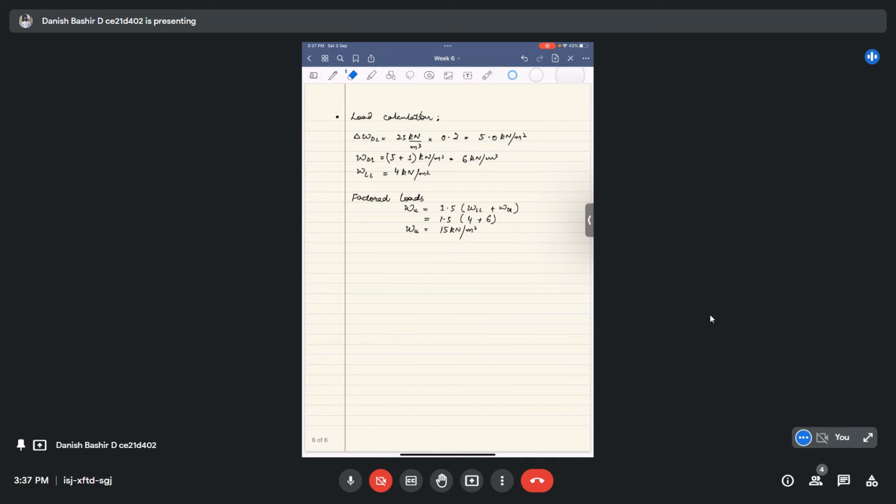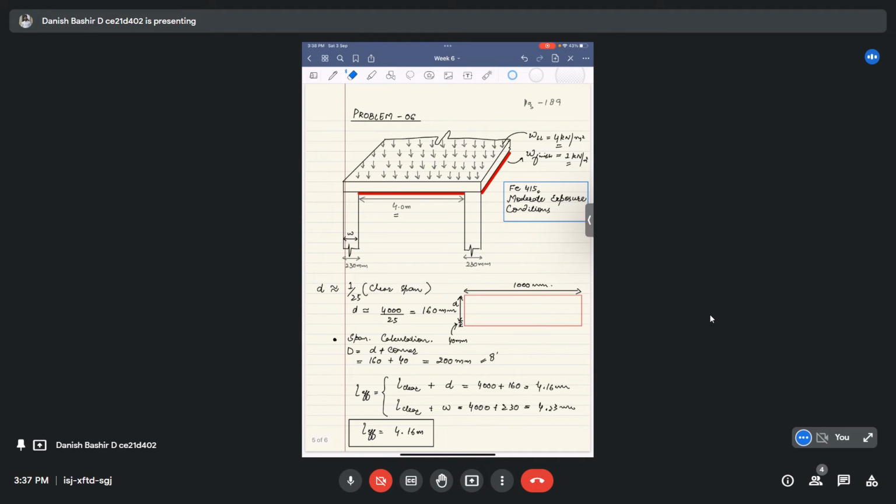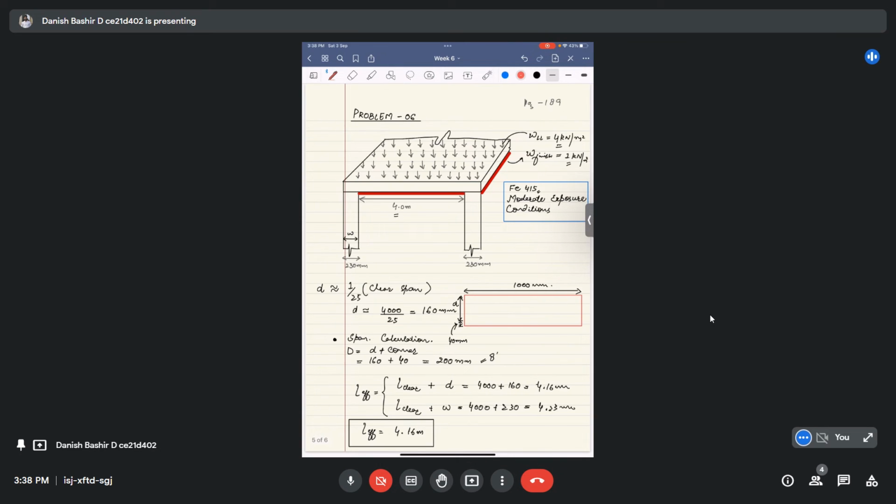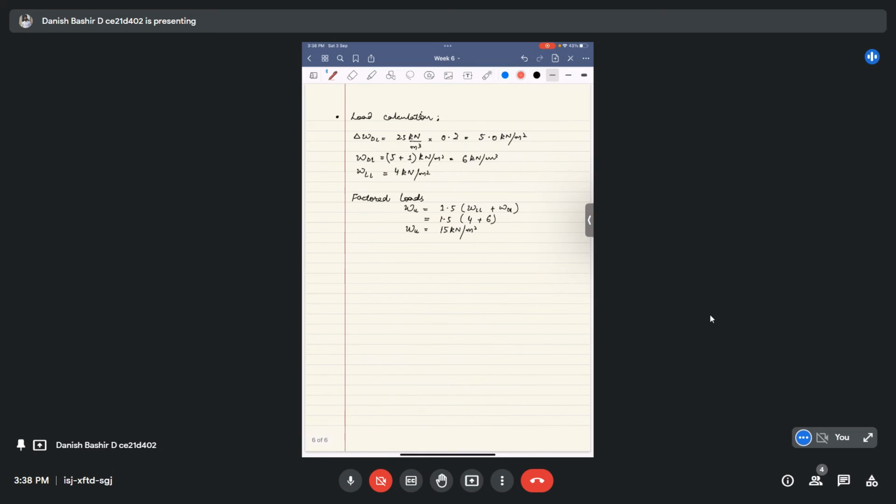As I already mentioned, this slab system is simply supported. So let me draw the slab system like this. This is simply supported. We are taking this slab system as a beam of 100 mm. So we have a beam like this.